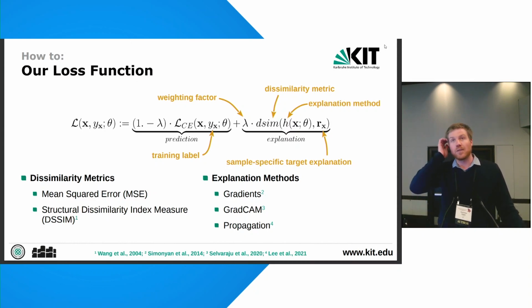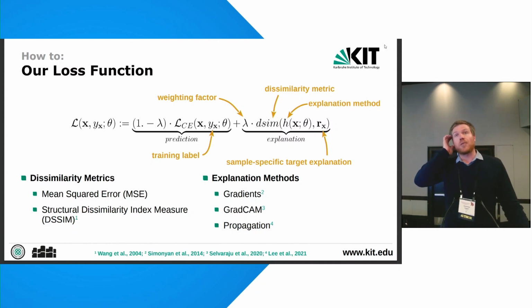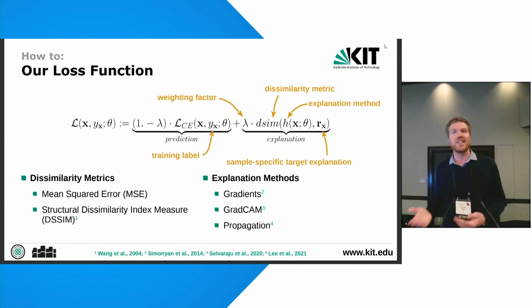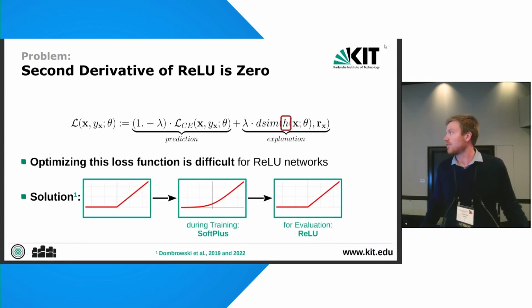This loss function has one major problem, and that is that explanation methods already consider the gradient. So if you want to optimize this loss function with gradient descent, we actually have to take the second derivative of the activations. And the second derivative of the ReLU activation function is actually 0. This makes the optimization quite hard. So what we do as a solution is the same as in the Dombrowski paper.